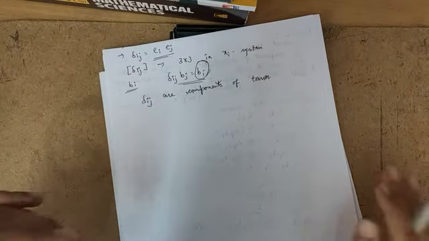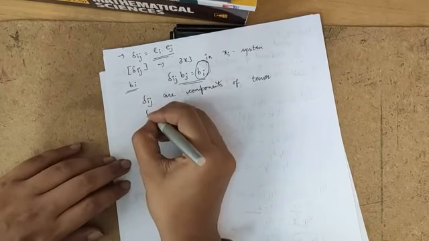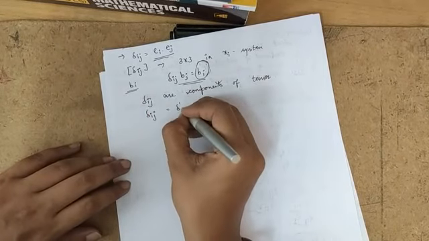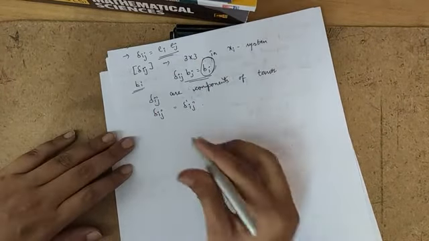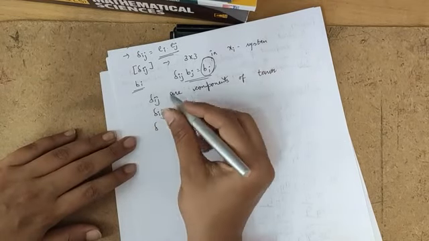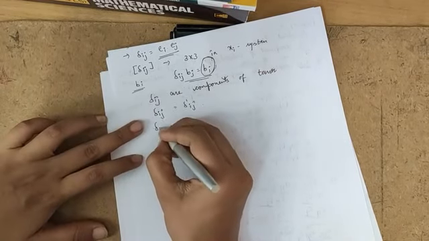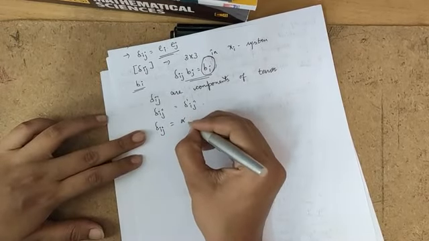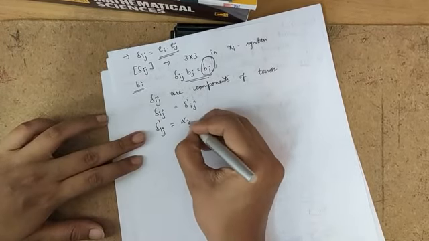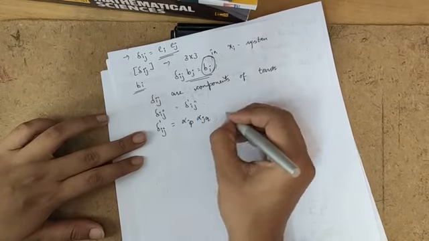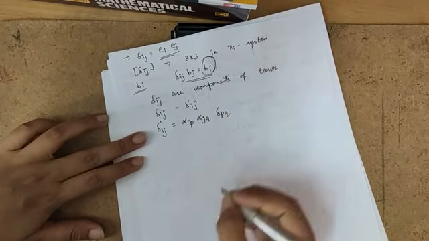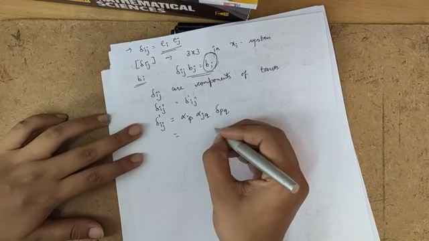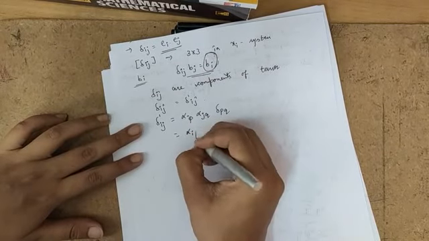The next part is we have to prove delta_ij is equal to delta prime_ij. Since delta_ij is a second order tensor, I can write, using the transformation rule, delta prime_ij as alpha_ip alpha_jq delta_pq. This is nothing but alpha_ip as it is.